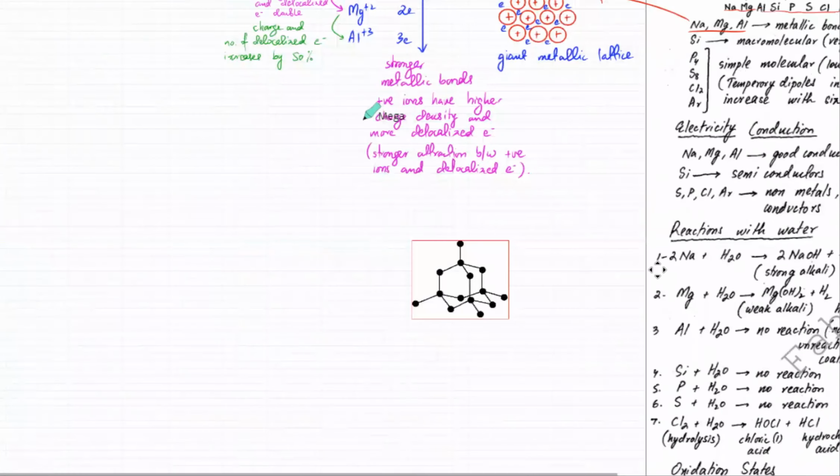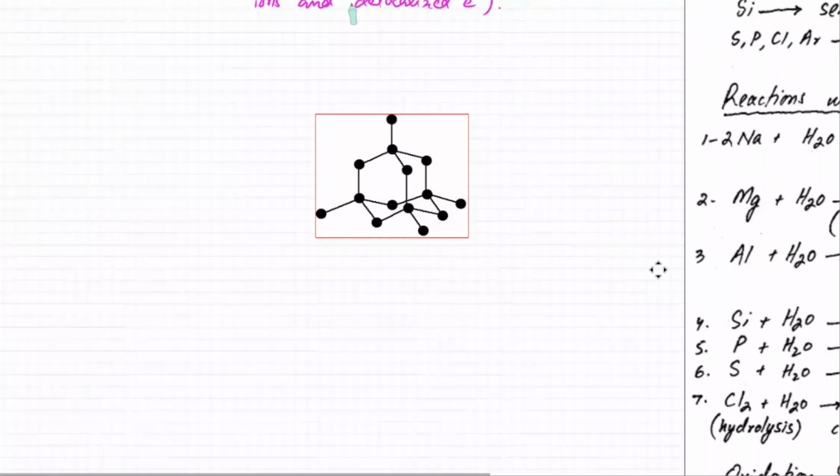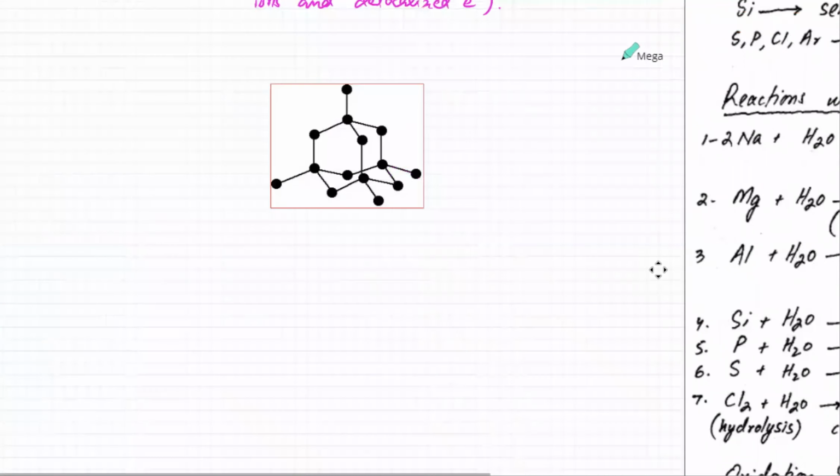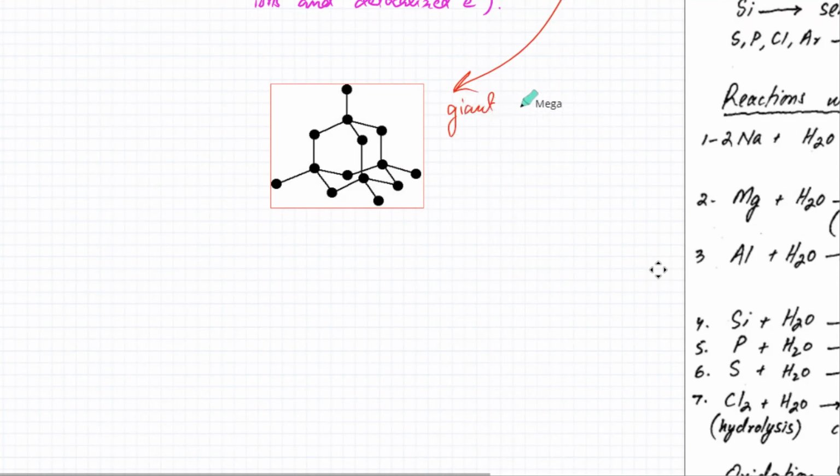So I placed it there, and it has kind of the same structure as diamond. Let me draw an arrow. So it's got a giant covalent structure, same as diamond.